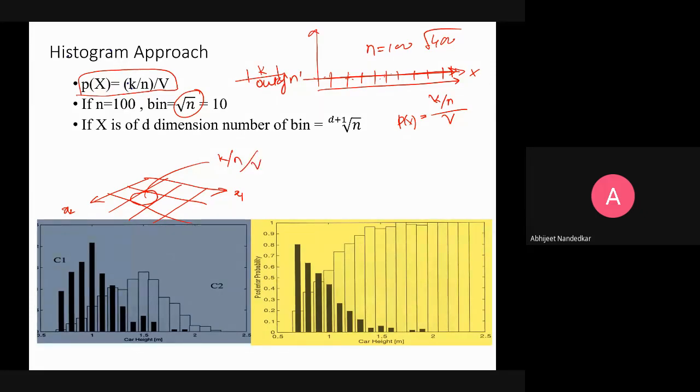If it is 3D, then you can imagine it will be a volume. Like that we can proceed. So if x is d-dimensional, the number of bins is the (d plus 1)th root of n. Say if my dimension is 9, then 9 plus 1 is 10, so the 10th root of n is the number of bins you should make.